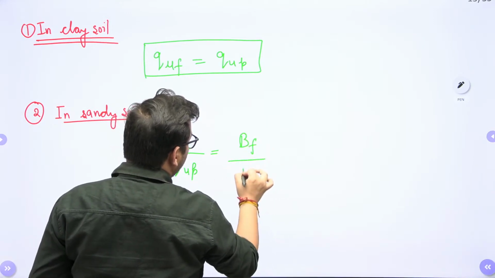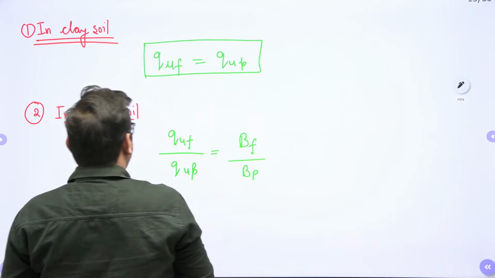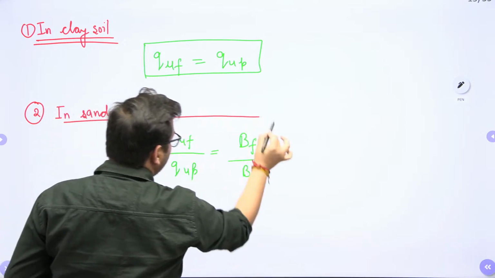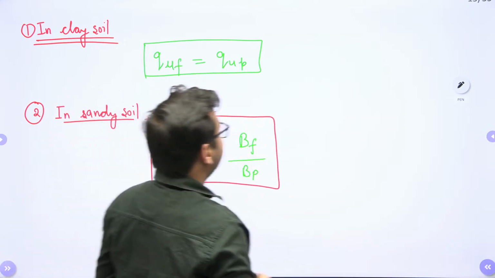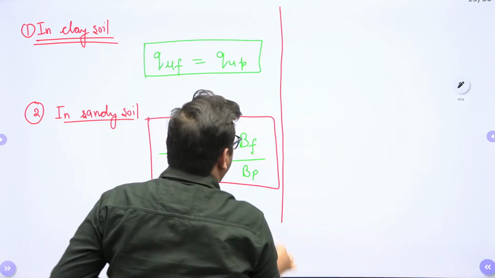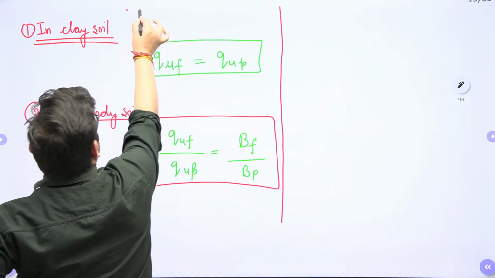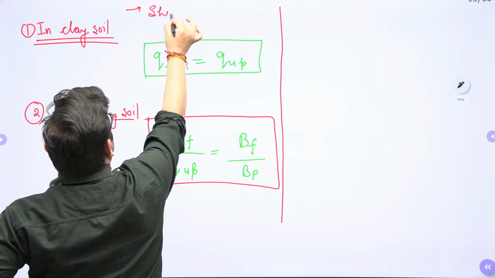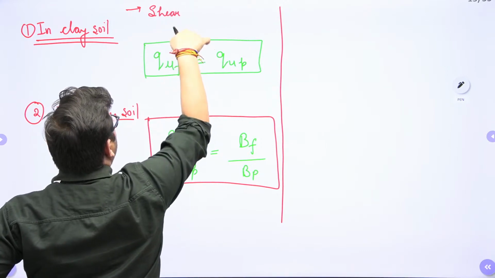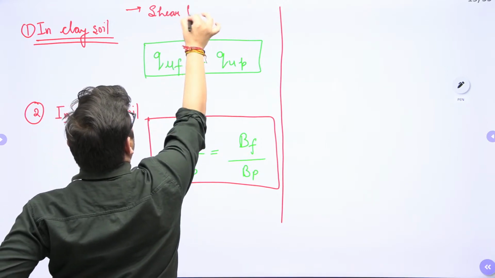So width of foundation by width of plate. Width of foundation by width of plate. Clear? This is for the shear failure criteria, when your foundation is failing under shear.